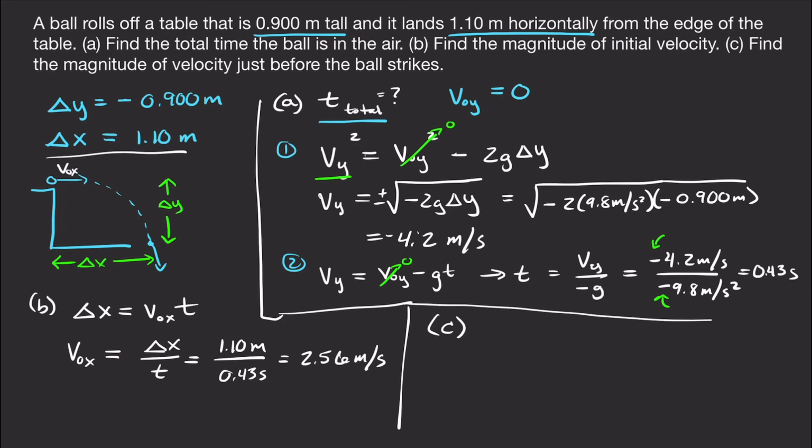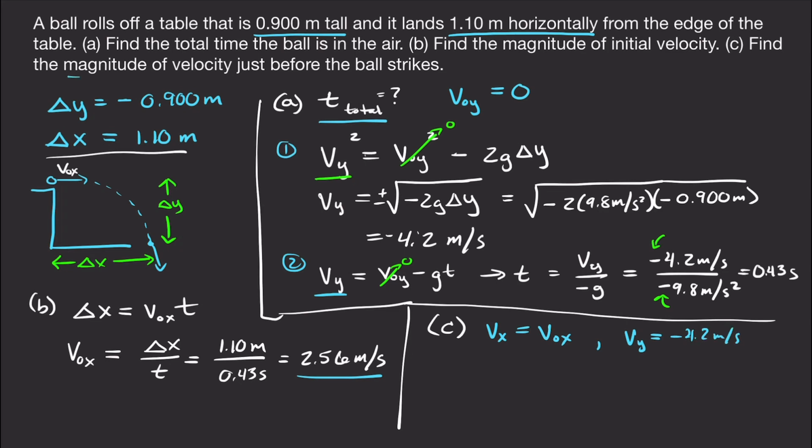Okay, so for part C, we're asked to find the magnitude of velocity just before the ball strikes. So again, using what we know, Vx is always going to stay the same, and we just found it in part B. So we already know that. And then we found Vy in part A on our way to get the time. So we know Vy is just minus 4.2 meters per second.